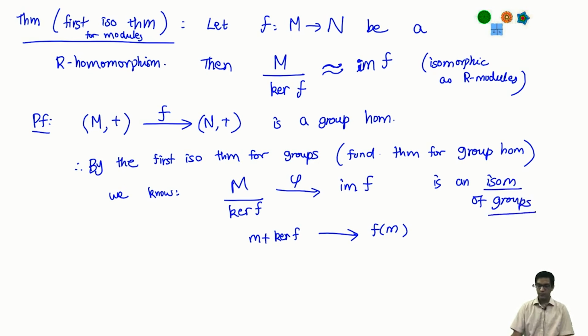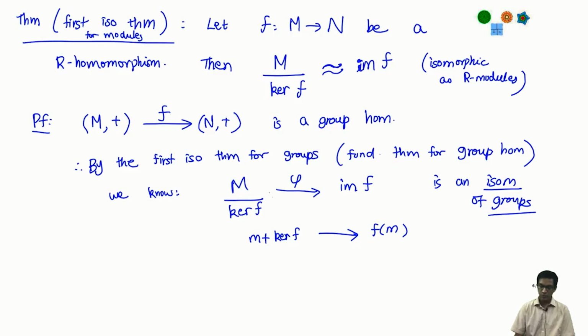Okay, so everything is only now for groups, the underlying additive groups. Now what we want to show is that very same map, the claim is that this map phi is more than just a group homomorphism or a group isomorphism. It turns out also to be an R module isomorphism. Okay. So what does that require us to do?